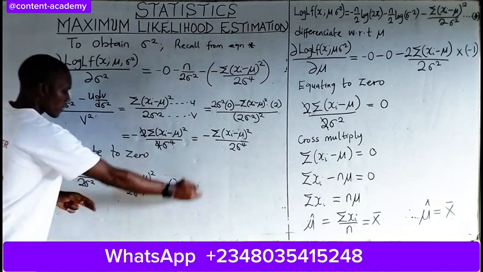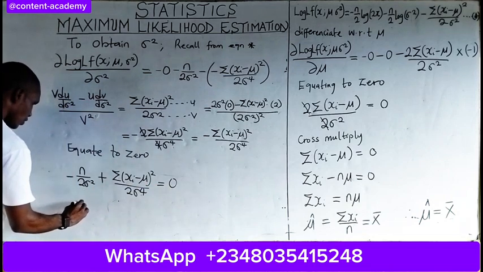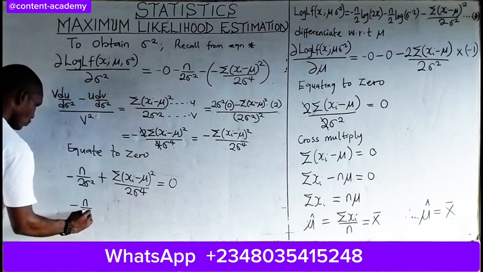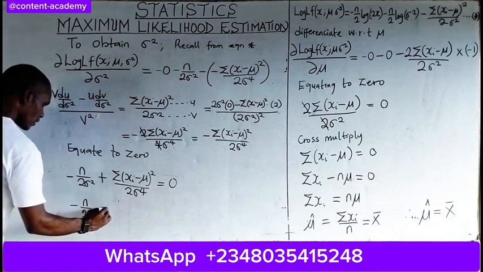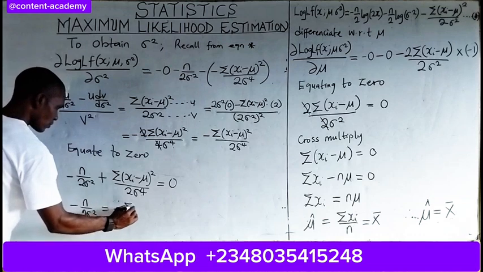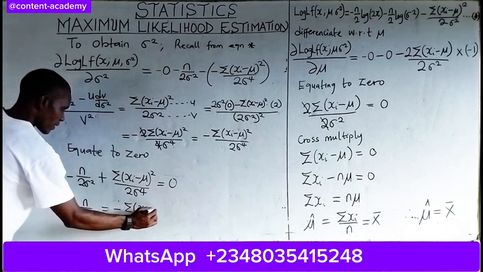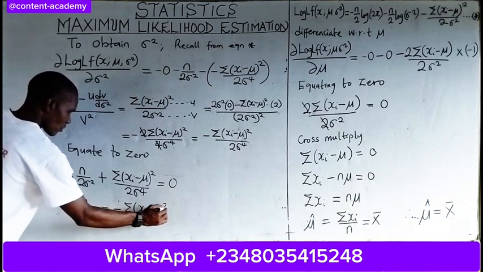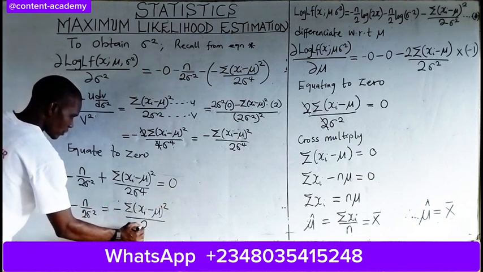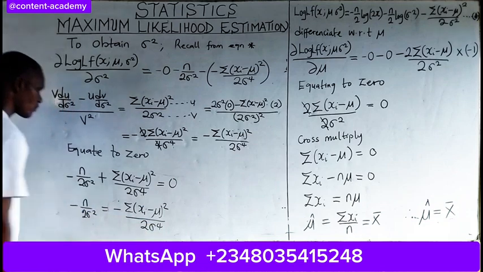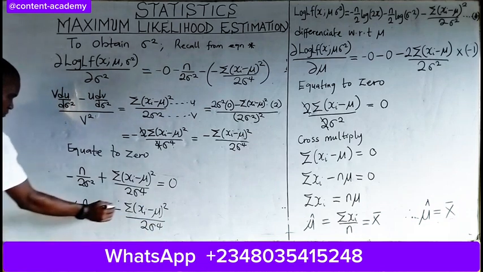So we can push this over to this side, which is n all over 2 sigma squared is equal to negative summation (xi minus mu) all squared all over 2 sigma 4. So this will cancel this.